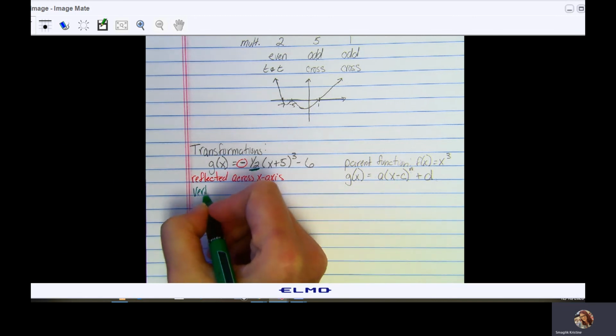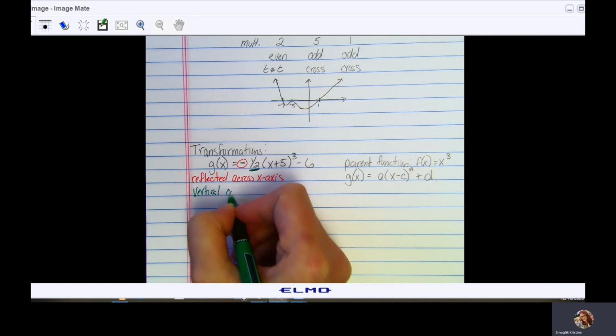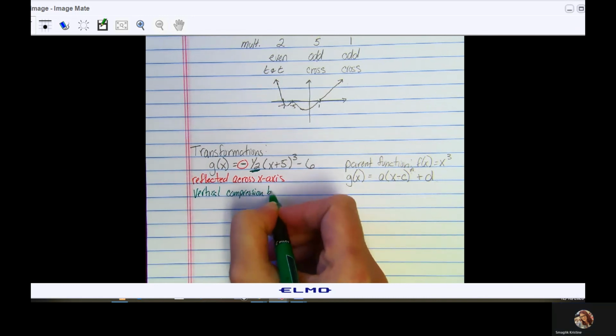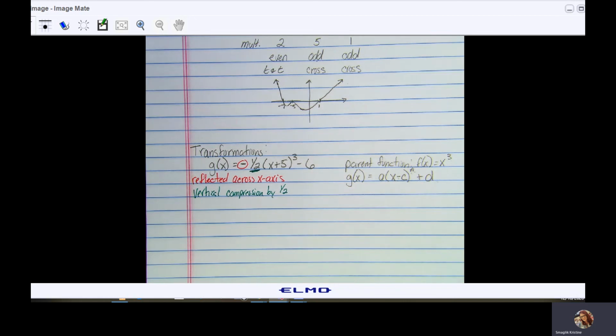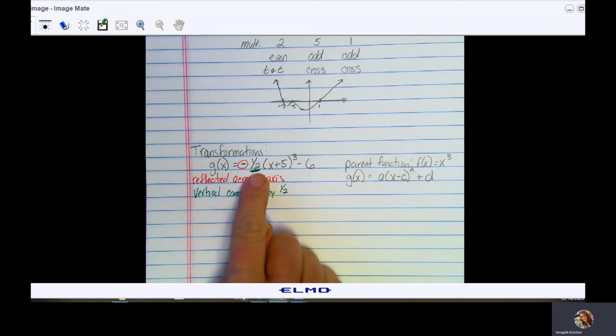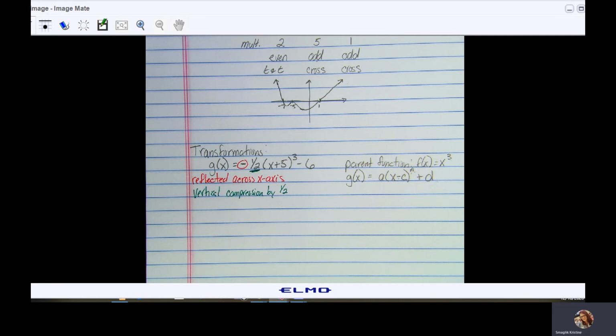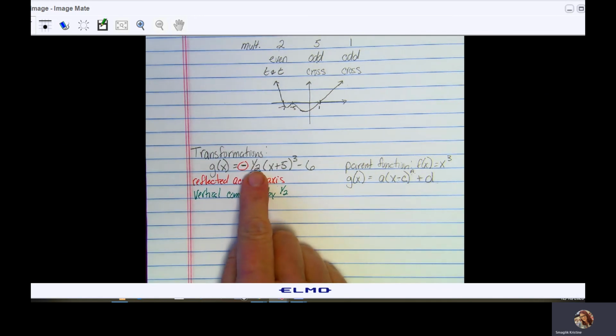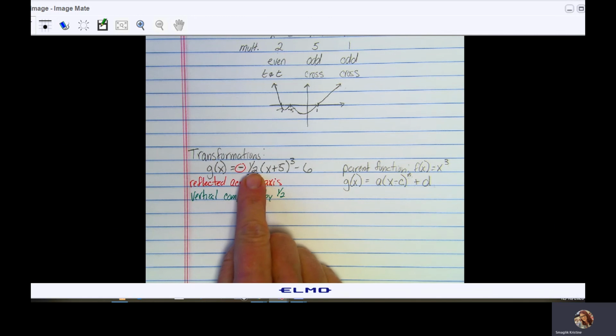This is a vertical compression by 1/2. And again, you can think of this as multiplication. If you're multiplying something by 1/2, or by a decimal, you're making it smaller. You're compressing it. If this had been, say, a 2, if you multiply something by 2, aren't you making it bigger? You're stretching it.